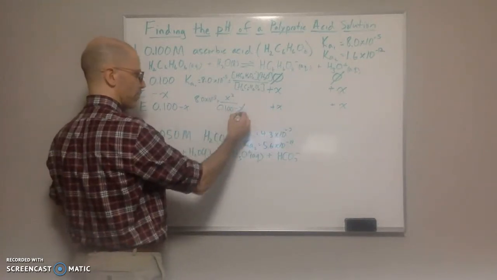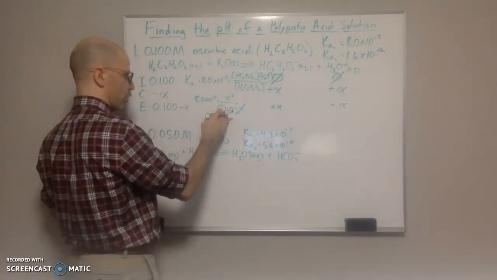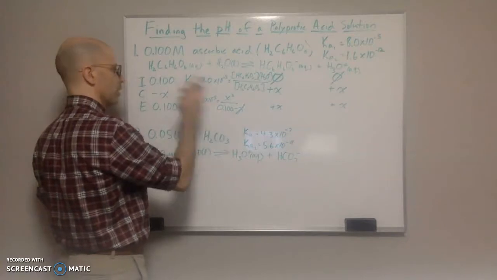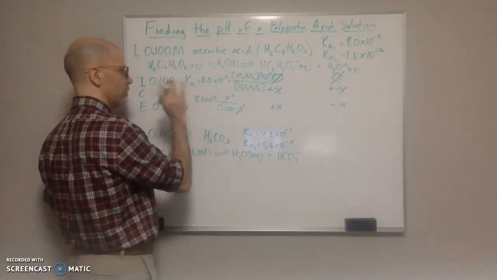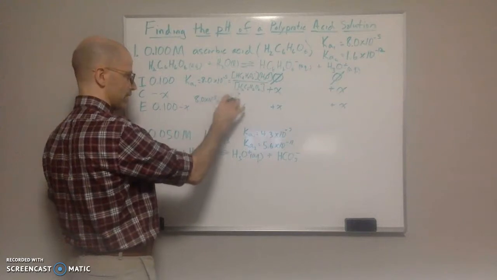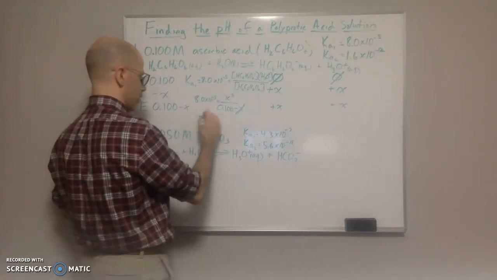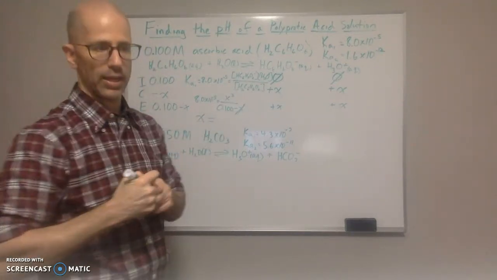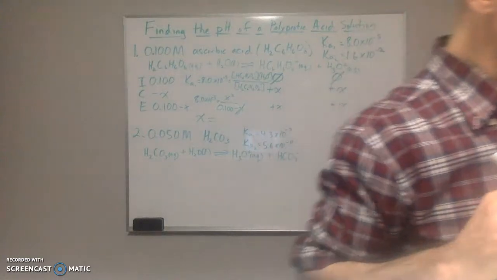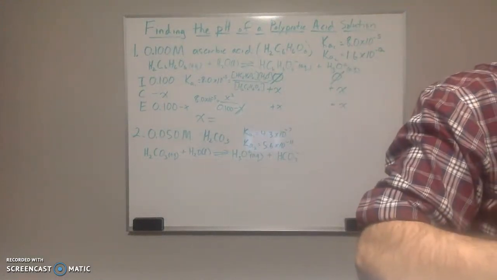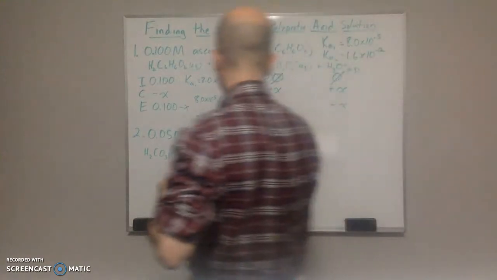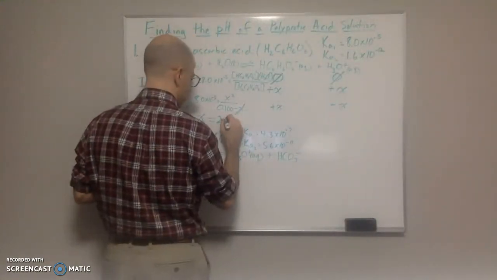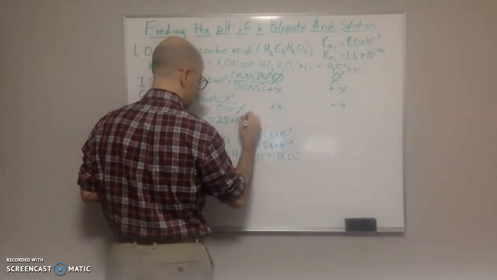So I get rid of the X there, so it's X squared over 0.100. So I multiply both sides by 0.100, and then I square root both sides to get rid of the X squared. And if I do that, I get X is equal to 2.8 times 10 to the negative 3.